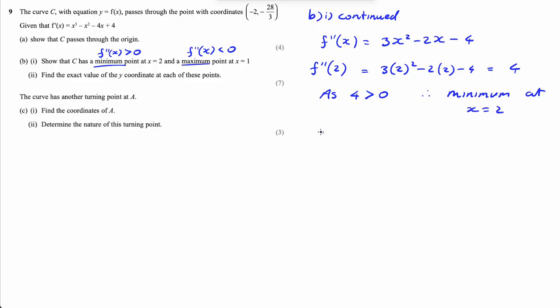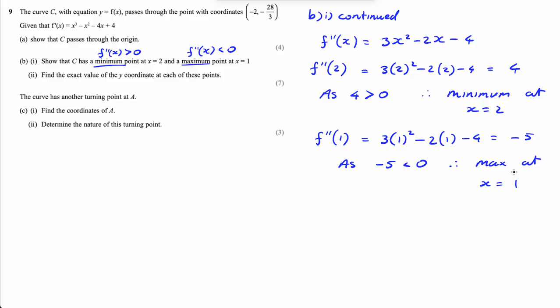Then f dash dash of 1 is 3 times 1 squared, minus 2 times 1, minus 4, which is 3 minus 2 is negative 1, minus 4 is negative 5. As negative 5 is less than 0, we have a max at x equals 1.